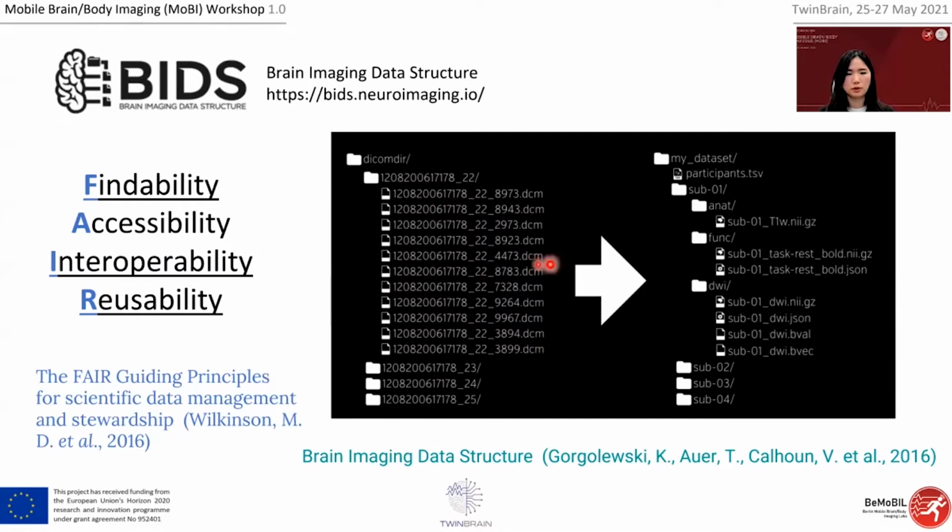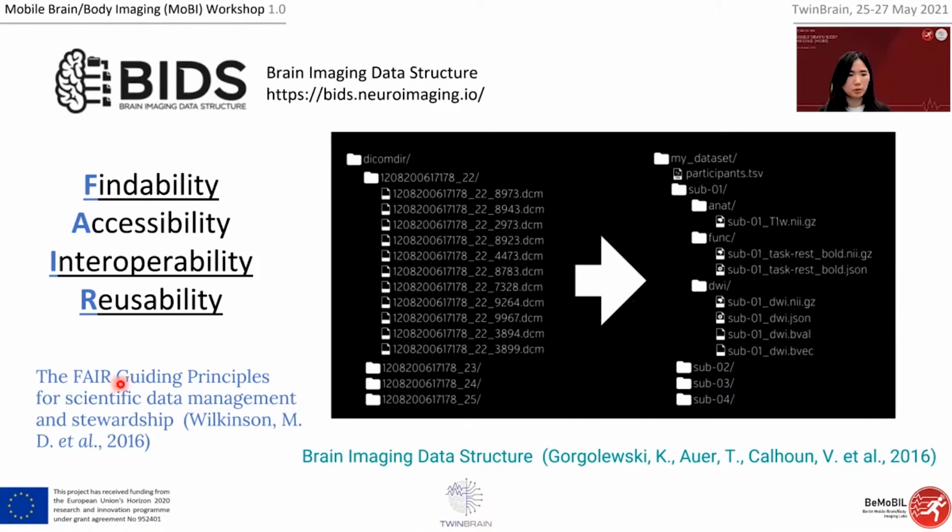And once you convert this kind of source data to BIDS, then it is in a more human readable structure. So it's already clear from the way the folders and files are structured what each respective file means.